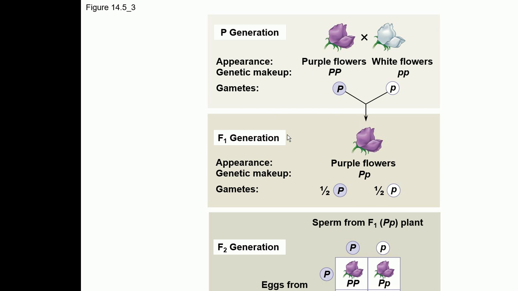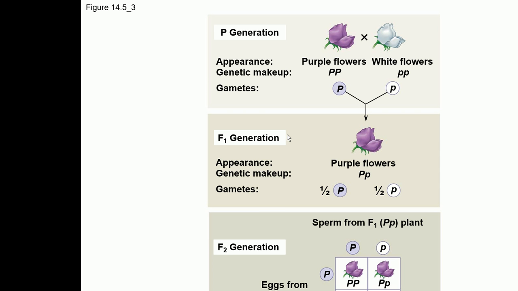So the law of segregation means these alleles do not get blended. They segregate. They get separated during meiosis. The recessive alleles and the dominant alleles get segregated during meiosis.